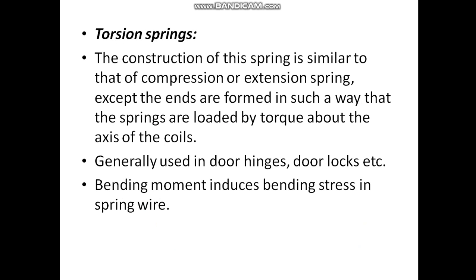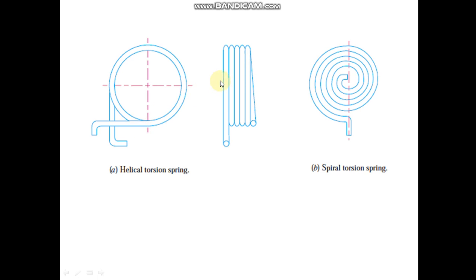After helical spring, the second type of spring is torsional springs. The construction of this spring is similar to that of compression or extension spring, except the ends are formed in such a way that the springs are loaded by torque. You can see it is a helical spring as well, but its ends are shaped in this L form.